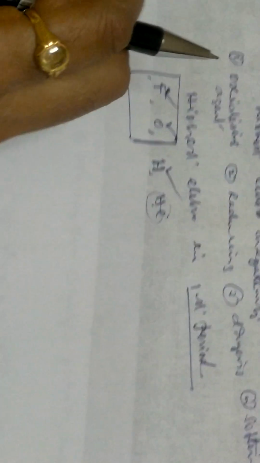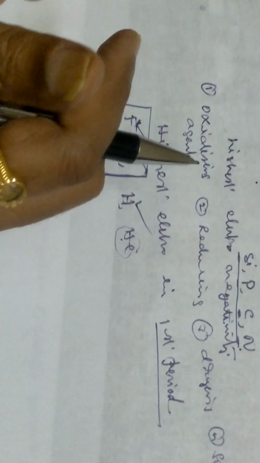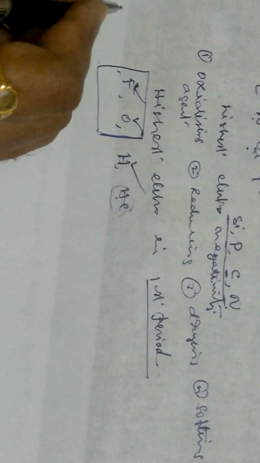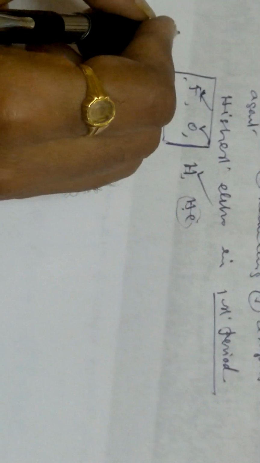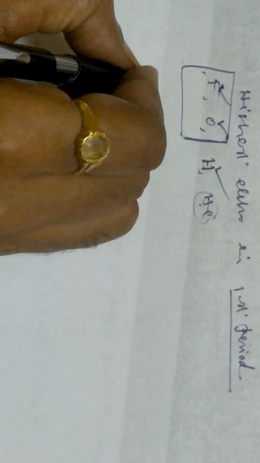Now electronegativity versus metallic character, the last two points. The more electronegative, the more non-metallic. That means in the periodic table the right side is all non-metallic, and non-metallic means more electronegative. Then metal oxides form alkaline solutions with water.